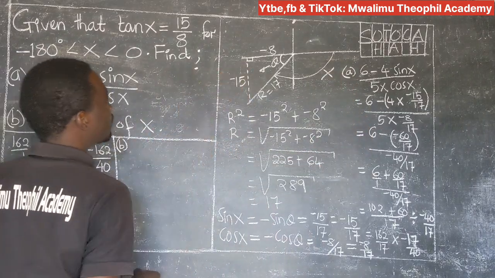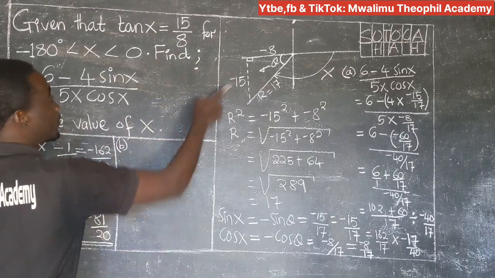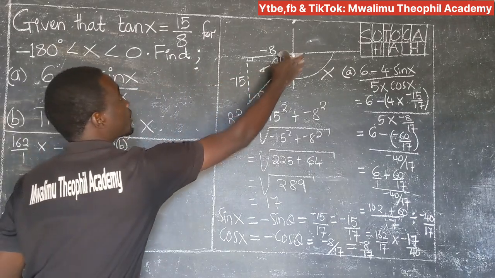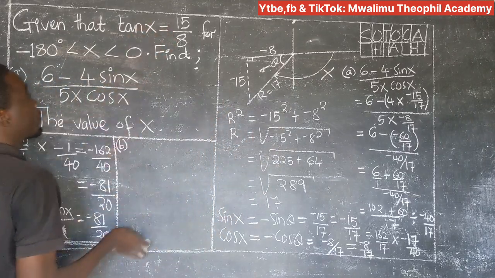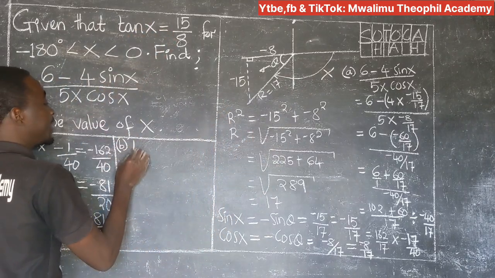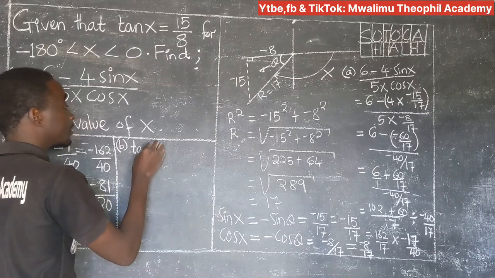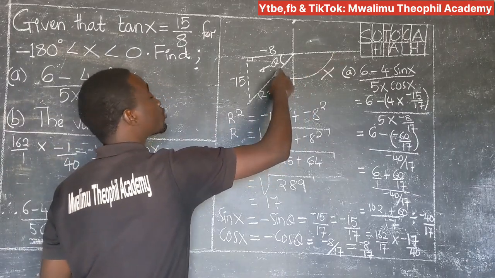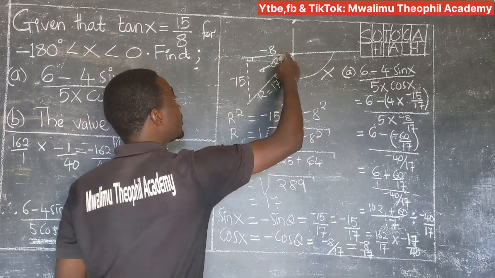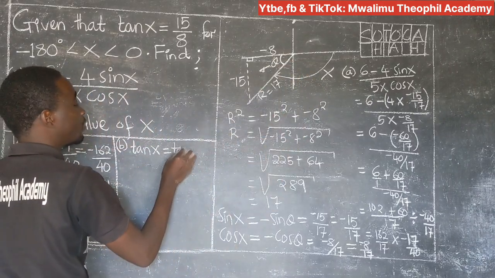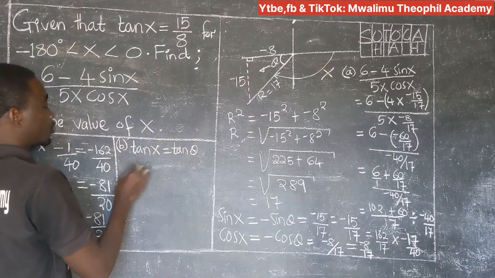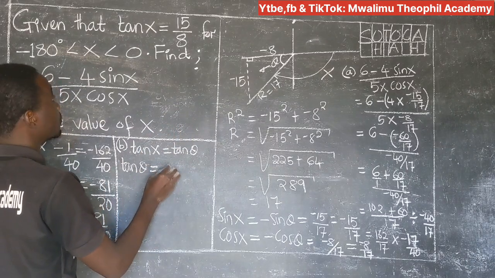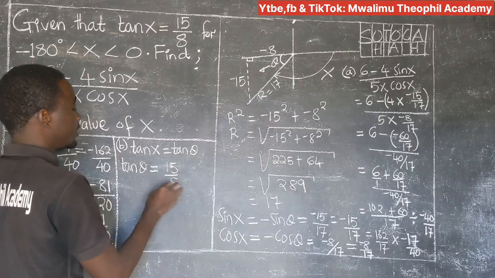So let's solve the value of angle theta, which is the corresponding acute angle to angle x. To solve this angle theta, let's apply tan as we are given here. We are given that tan x will be equal to tan of this angle, which corresponds with theta, so tan theta will be equal to 15 divided by 8.